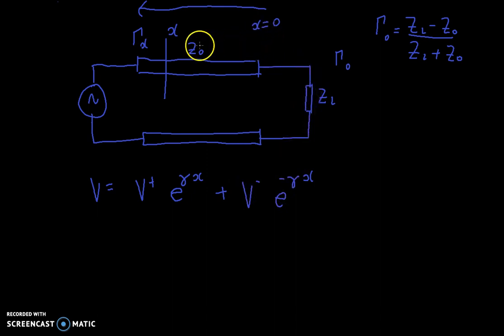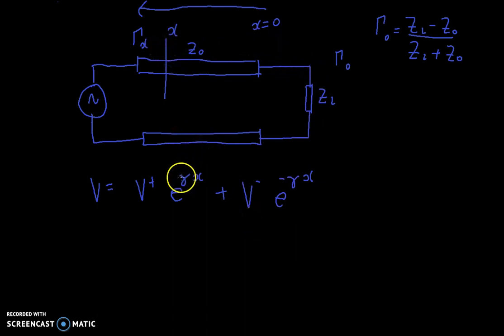And as x increases, this exponential will decrease. So the amplitude will decrease as we go from right to left. This makes sense, right? We start with the voltage at the driver with the original amplitude. As it goes towards the right, the amplitude decreases. Then it hits the load here, it is reflected, and the reflected voltage, which is this component here, will also decrease in amplitude as it goes from right to left.